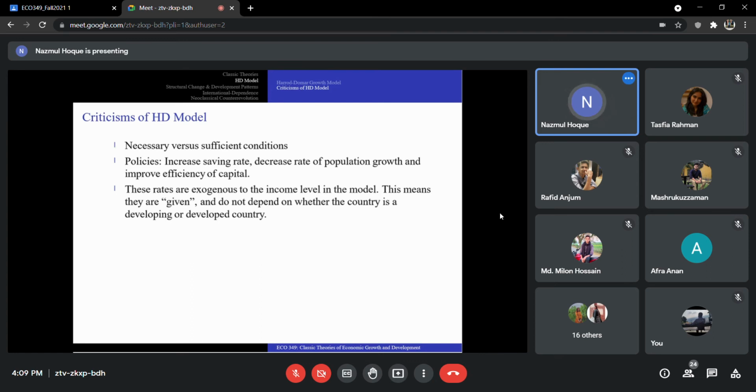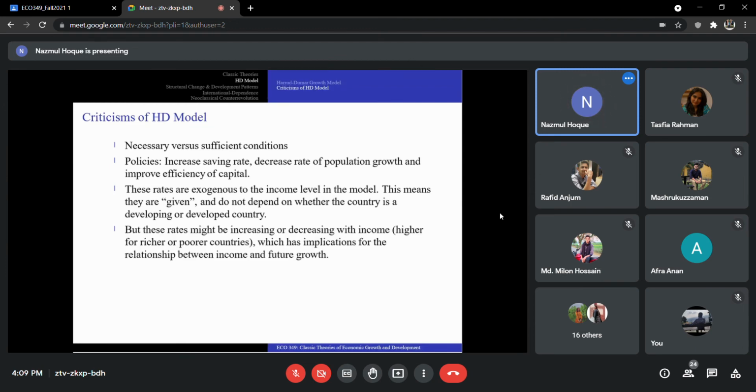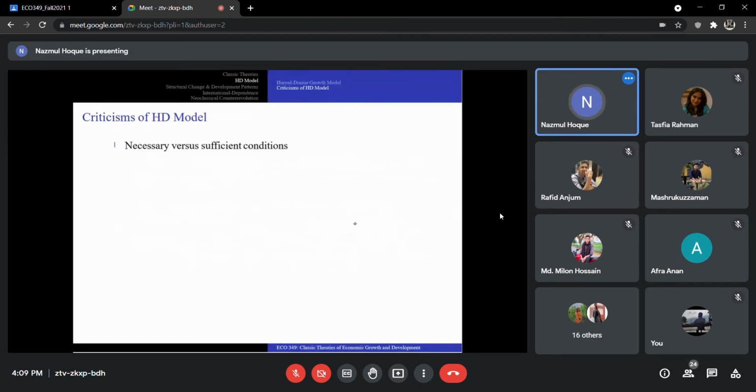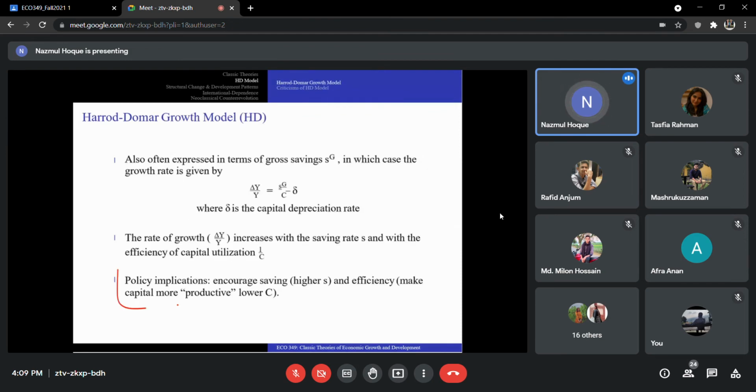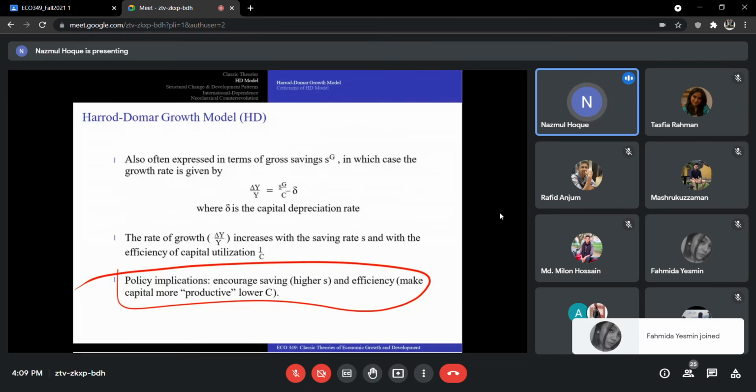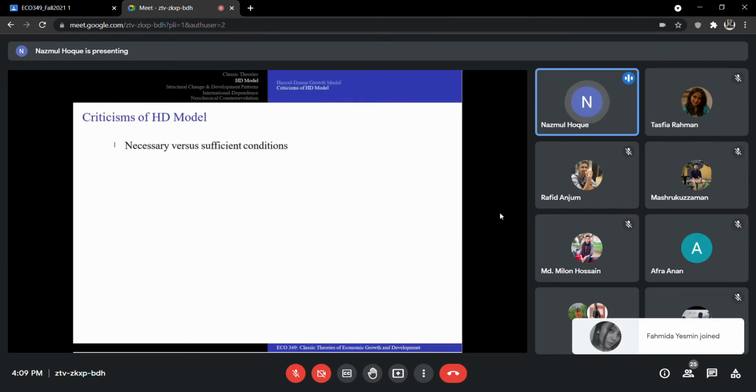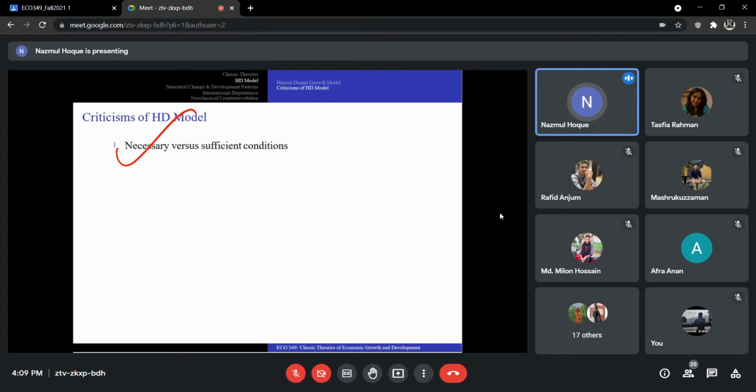So going back to the implication of the Harrod-Domar growth model, this is basically the main implication. If a country can save more, that country is likely to grow at a faster rate. However, as I said, higher savings is a necessary condition, but it does not mean that the country will be growing at a faster rate.